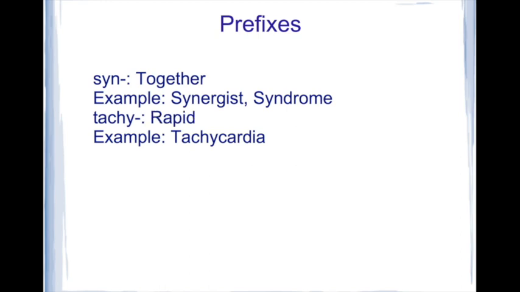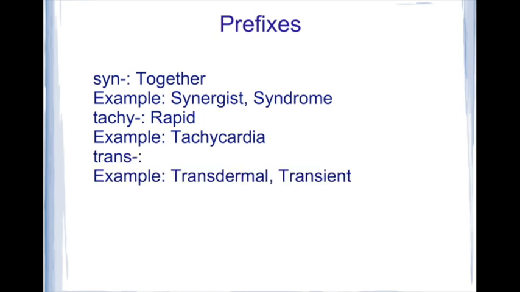And trans. A couple examples: transdermal patches are patches that you apply to the skin that have medication on them. Transient, like transient ischemic attack, TIA, which is considered a mini stroke. Trans means through.